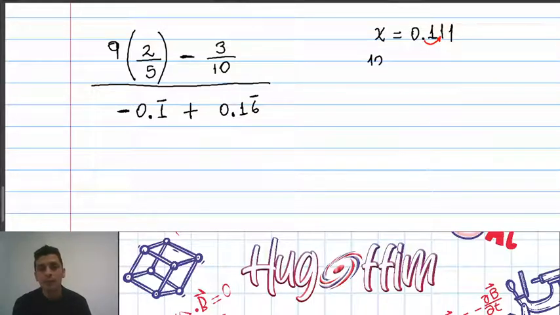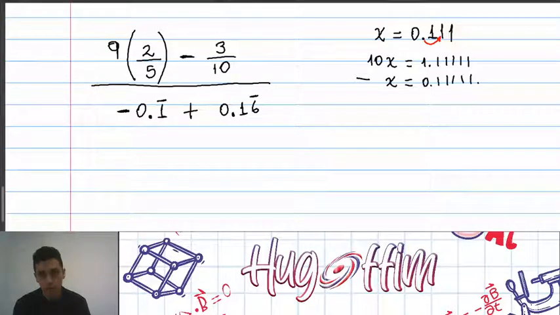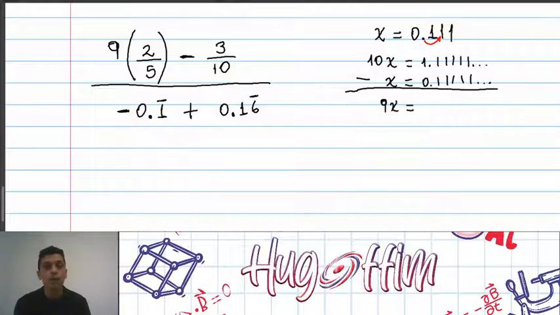I'm going to have that 10x is 1.11111, and I'm going to subtract x, because the decimals are going to be the same, so 0.11111. Okay? In this way, when I subtract, I'm going to have 9x equals 1, so x will be 1/9.